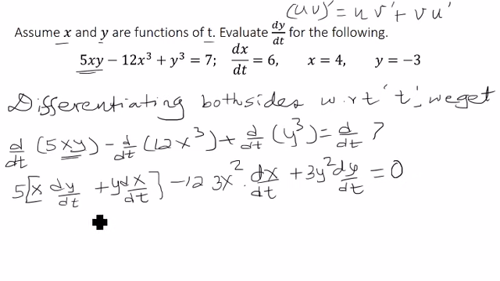Okay, now we're going to have to simplify and plug in these given values, and it's going to be a little bit of work here. So I'm going to multiply 5 inside and also replace the given values.